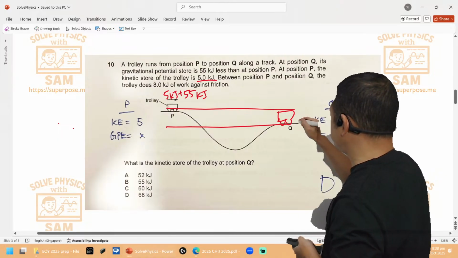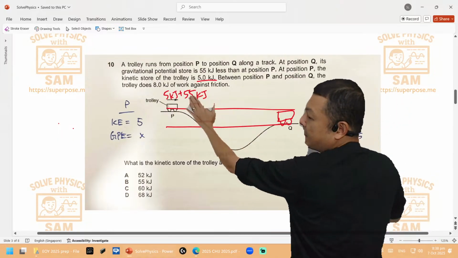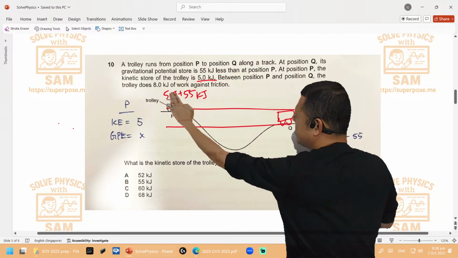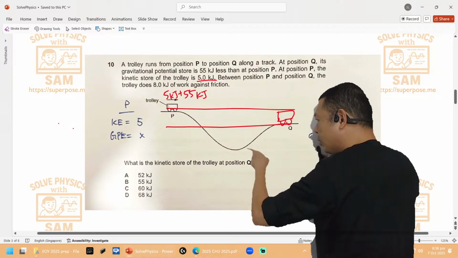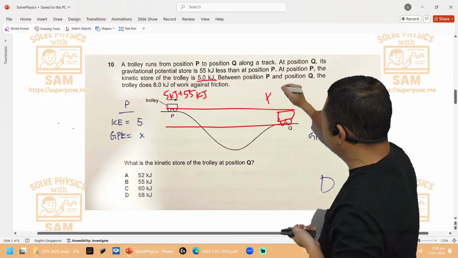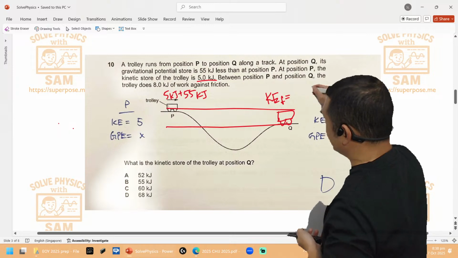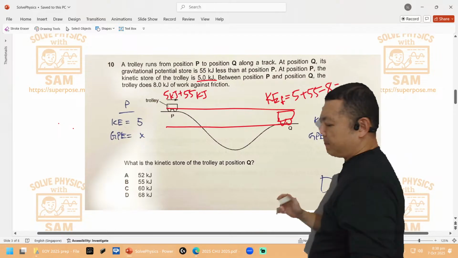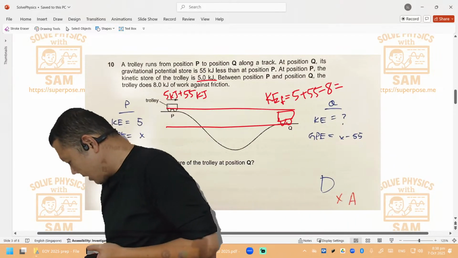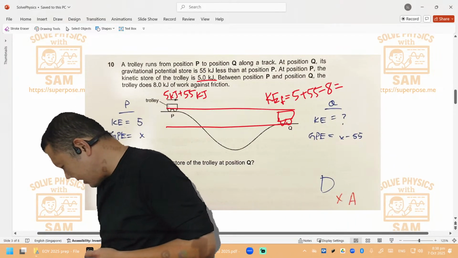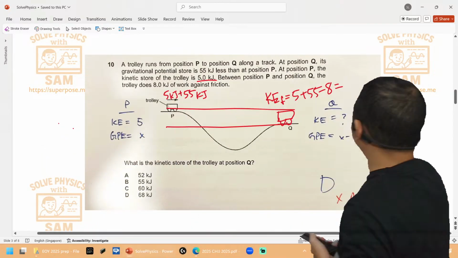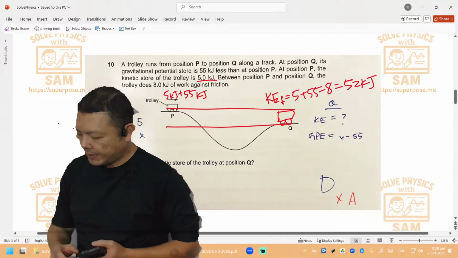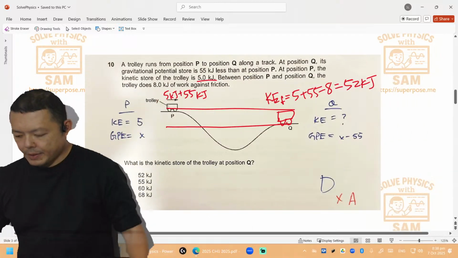By the time it reaches here, the 55 kilojoules will convert into KE also. But it will lose 8 kilojoules along the way. So the final KE here is 5 plus 55 minus 8. And that's 52 kilojoules of energy there, because there's work done.